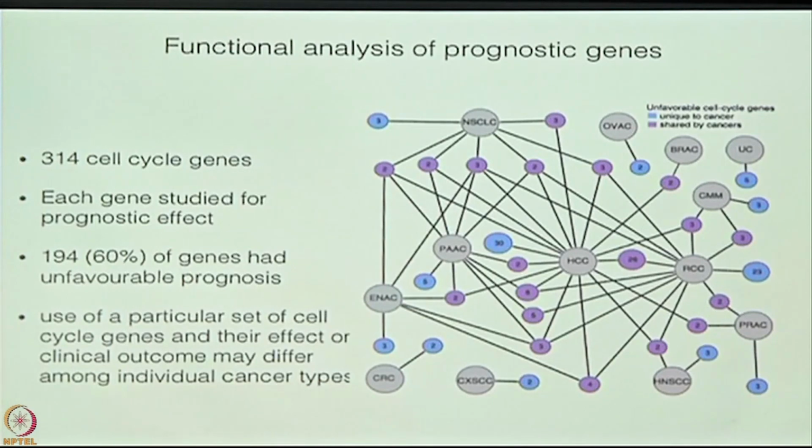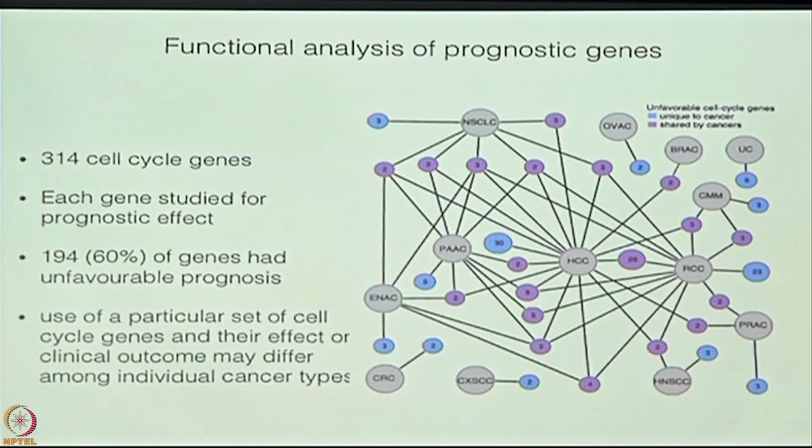Because the mitotic cell cycle was found to be significant, all 314 cell cycle genes were studied, because it was that significant. And each gene was studied separately for a prognostic effect. Now, if you ask me, this was a big surprise for me. You know what my concept as a diagnostic pathologist is?